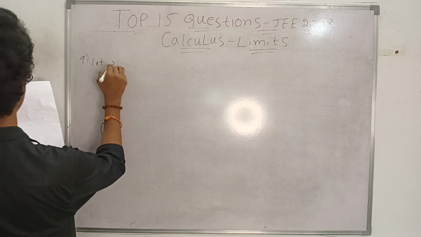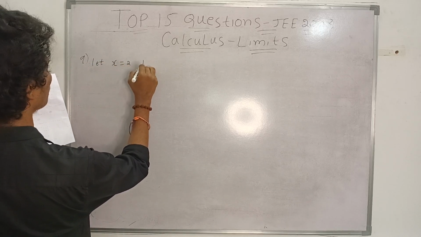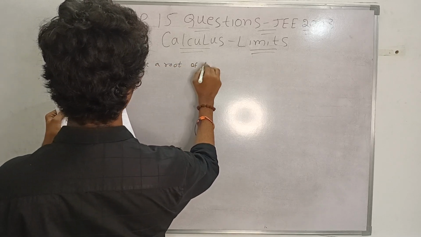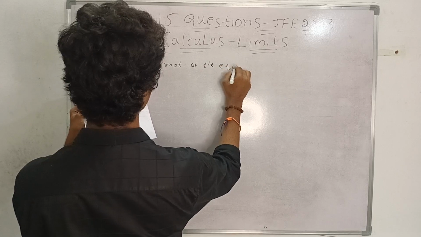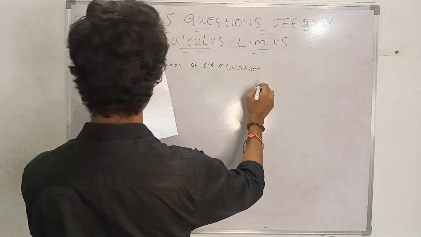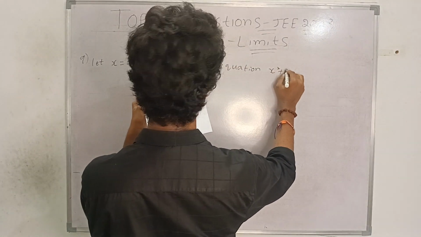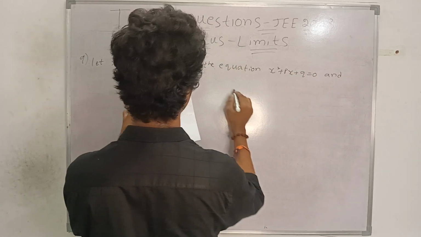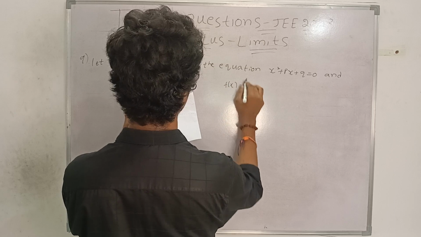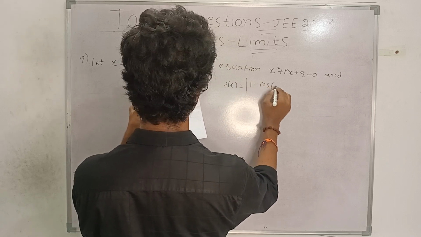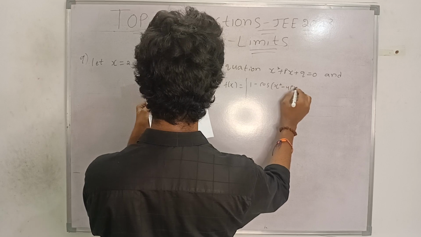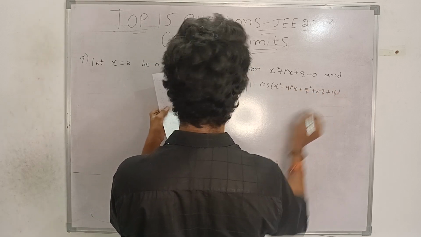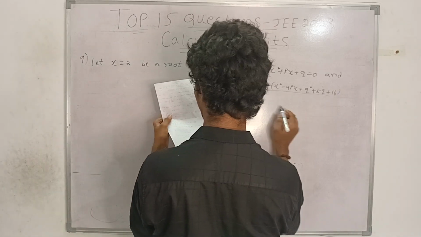Ninth question: let x equal to 2 be a root of the equation x square plus px plus q equal to 0, and f of x equal to 1 minus cos of x square minus 4px plus q square plus 8q plus 16. The question can be lengthy, but don't worry.